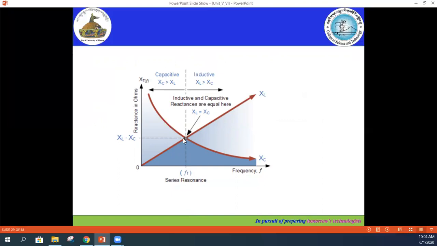And during this time, XL will be equal to XC at this point. And then from this point, the left side is called the capacitive, and the right side is called the inductive. So from this graph, everything is given here.